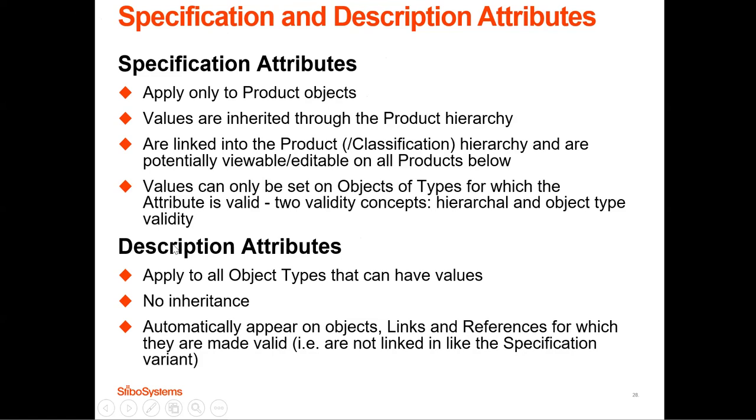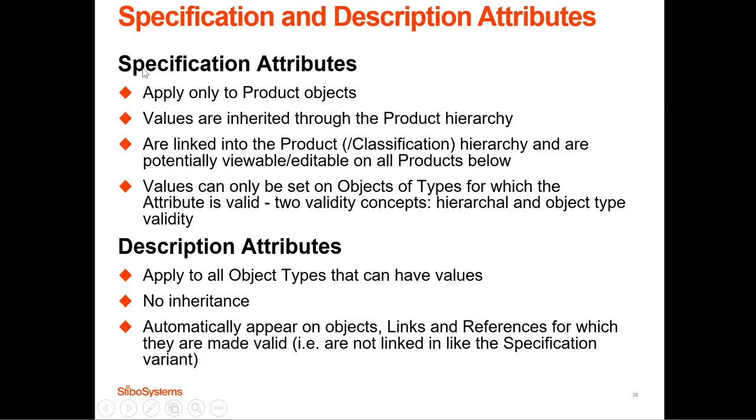Whereas description attributes can be used on any of the objects instead. While creating an attribute, we have an option called specification or description, so you'll have the option to choose whether you want to create a specification or description attribute.